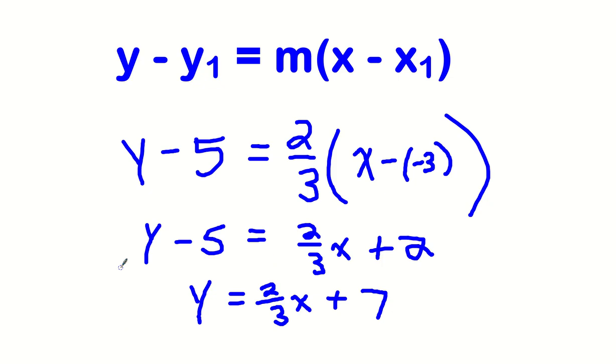But I want to kind of call an audible, football terminology, and what if they wanted this to wind up in standard form? Remember, standard form, you need to have the x term and the y term on the left side. So we'd have to move this term to the other side by subtraction.